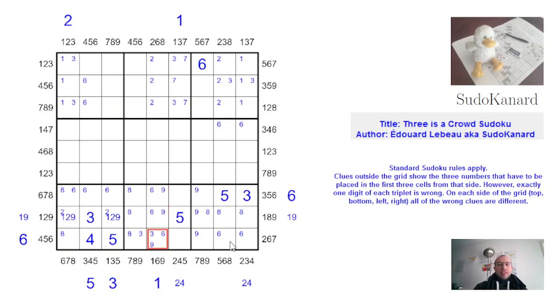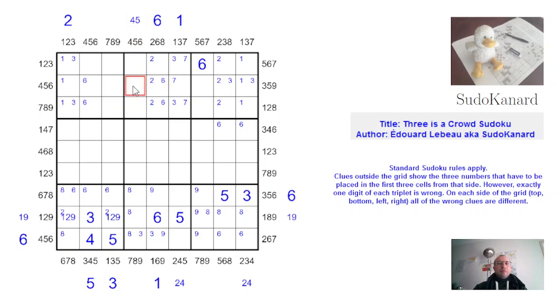And because there is a 6 here, that's not a 6. And because there is a 6 here, that's not a 6 either, and that is a 6. And because of this 6, on the other side, we know that the liar is a 6. So there is a 6 in here. And because of this lying 6, 6 is not correct. The liar will be from 4 and 5.